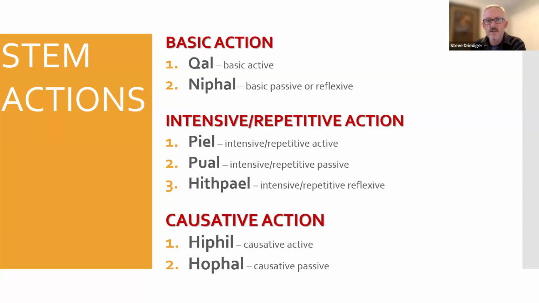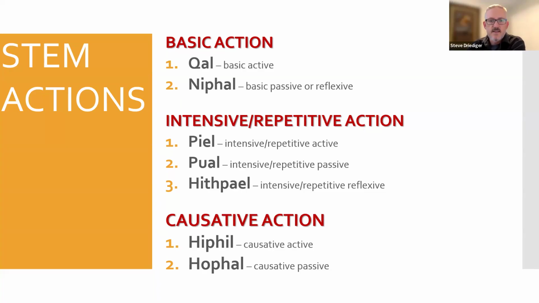In Niphal, it would be he is killed. Or depending on context, you might say he kills himself. So basically a passive sense, he is killed. So those are what you would call our simple or basic actions, whether it's active or passive.